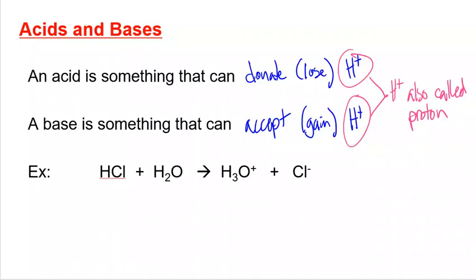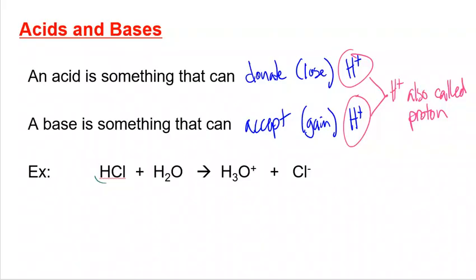Okay, so if we're looking at an acid-base reaction like this, it's important that we're able to tell what's the acid and what's the base, because in organic chemistry, we're also going to have certain organic compounds that are acids or bases. To find the acid, we look at what has lost a proton. To find the base, we look at what has gained a proton.